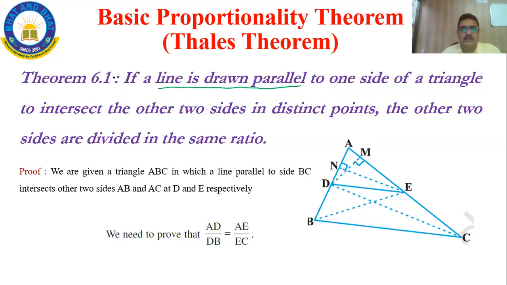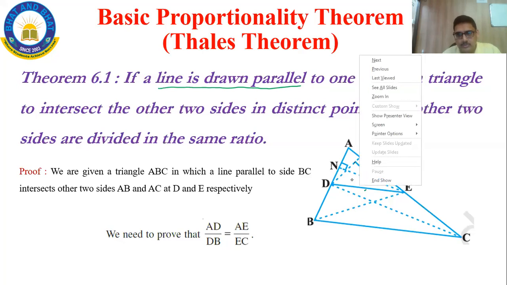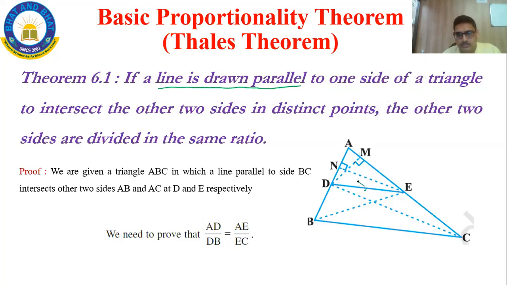Observe, students, I have drawn DE parallel to BC. My line DE is intersecting AB at D, and it is intersecting AC at E.